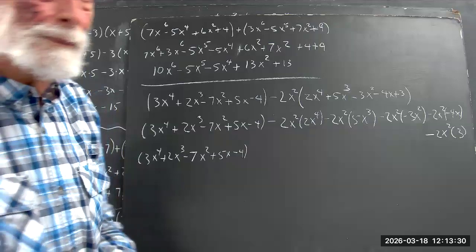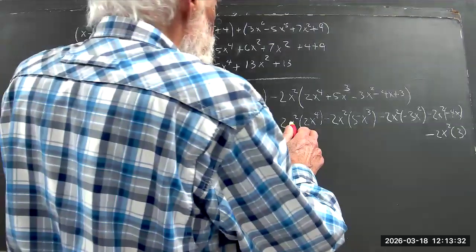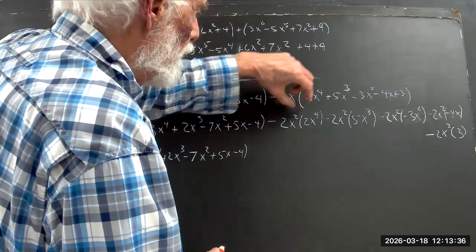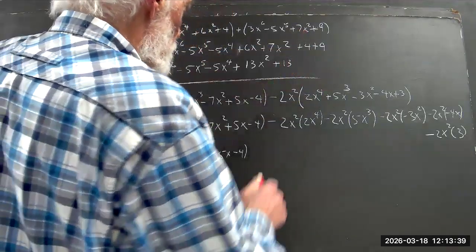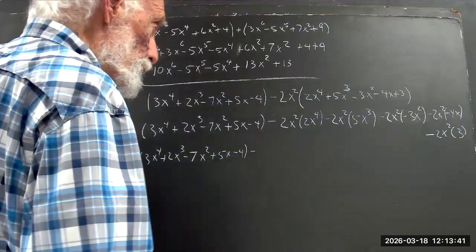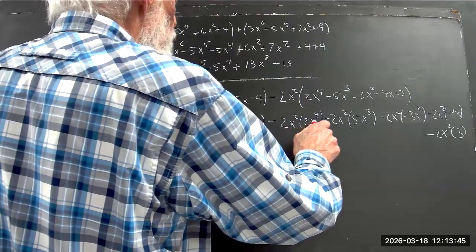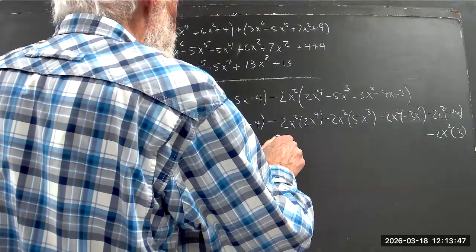We know to do that. Okay, 2 times 2 is 4. First of all, we have a minus sign. We have a minus 2x squared times a 2x to the 4th. There's just one minus sign there. So we're going to write a minus sign. 2 times 2 is 4. And x squared times x to the 4th is x to the 6th.